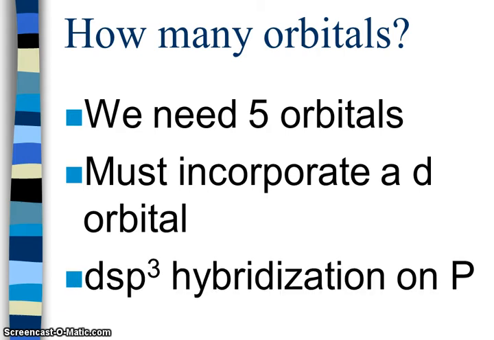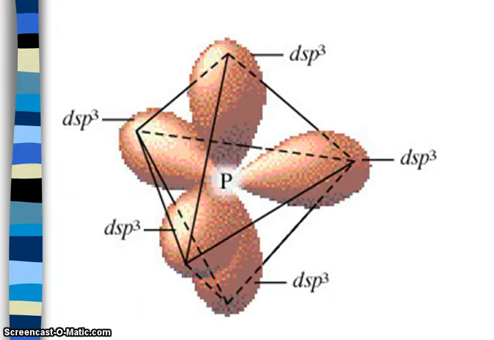So in this case, we're going to have dsp3 hybridization on our phosphorus. The s, 3p, and 1d orbital are going to become 5 equivalent hybridized orbitals.